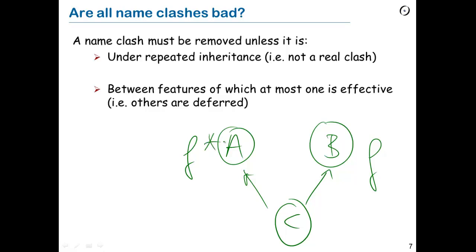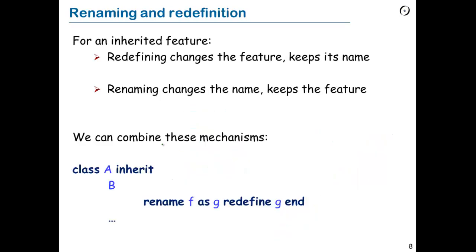The most interesting case is one in which F is deferred on one side, like A here, and is effective, not deferred, on the other side. So what it's going to mean in this case is that we use the implementation from B to effect, to implement the deferred features inherited from A, and that is not an error, it's a normal case.